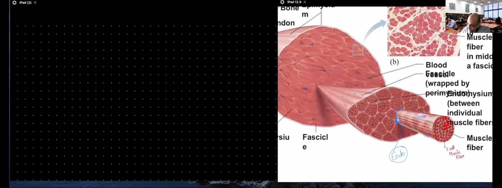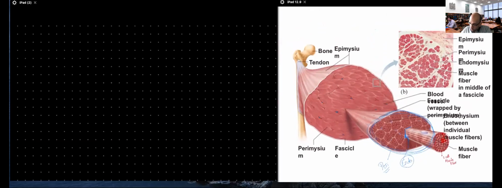A bundle of muscle fibers, a bundle of cells, is going to be surrounded by perimysium, another layer of connective tissue not surrounding single cells. It's going to be surrounding bundles of cells all together, covering the whole muscle from outside. This is my epimysium.